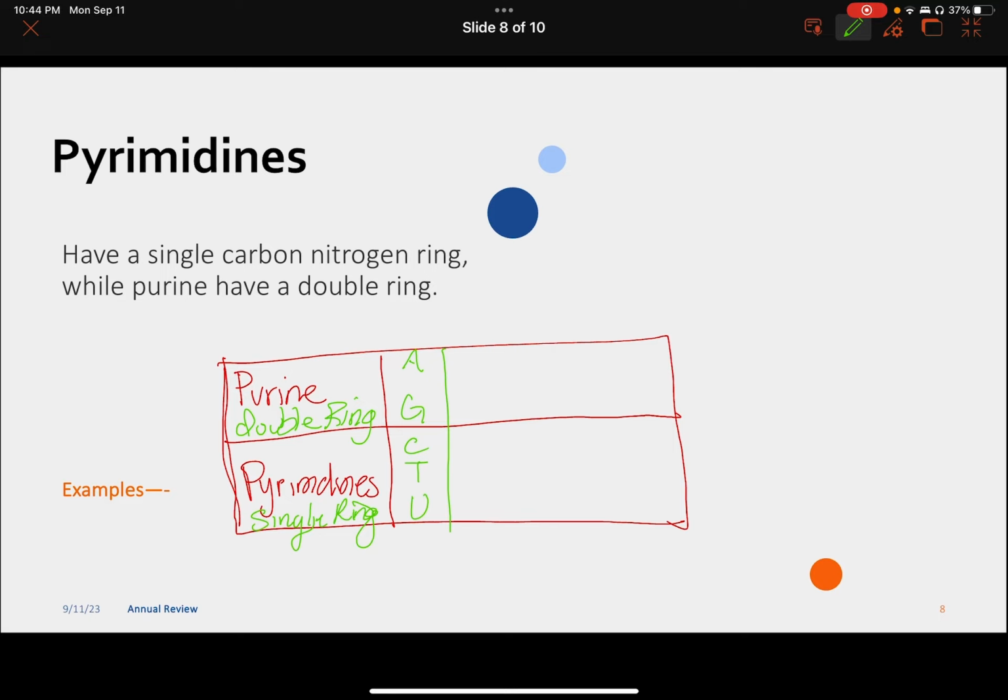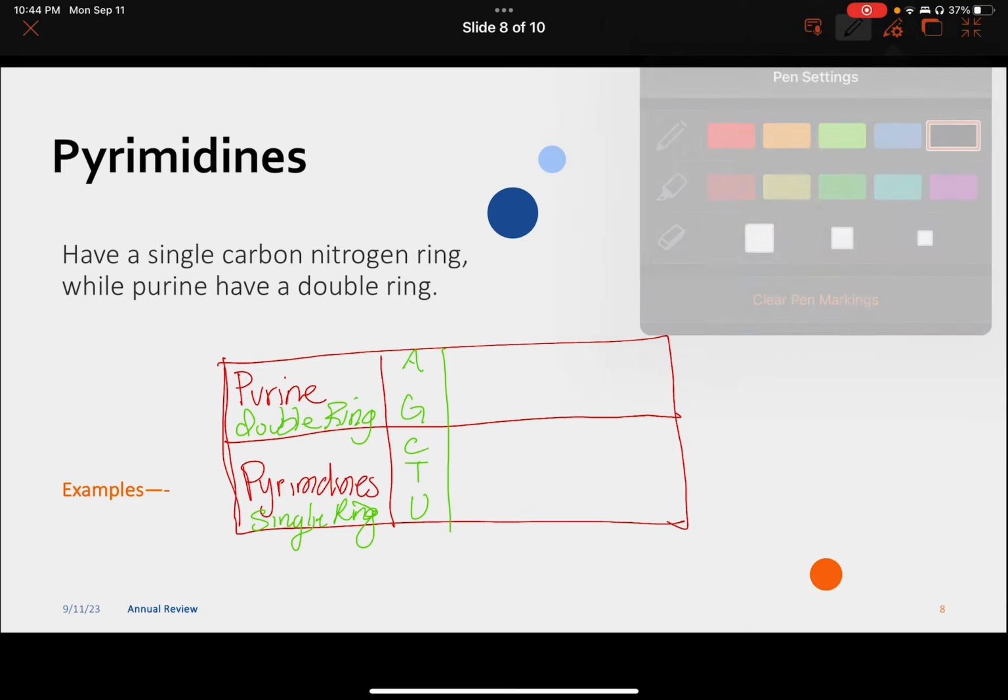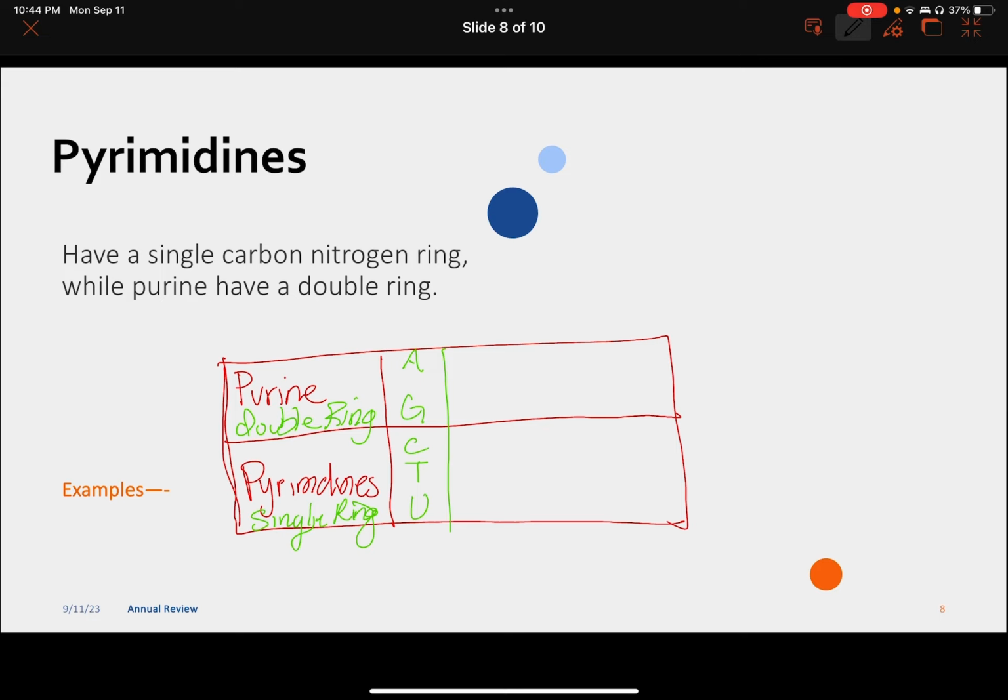So here we're going to describe each. Adenine is in DNA and RNA. Guanine is in DNA and RNA. C, which is cytosine, is in DNA and RNA.